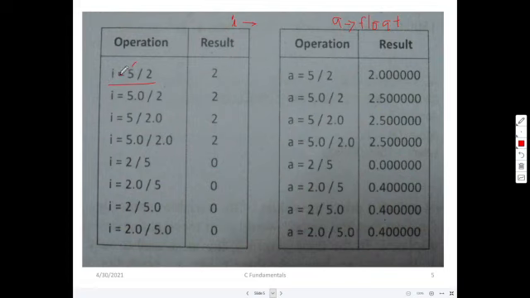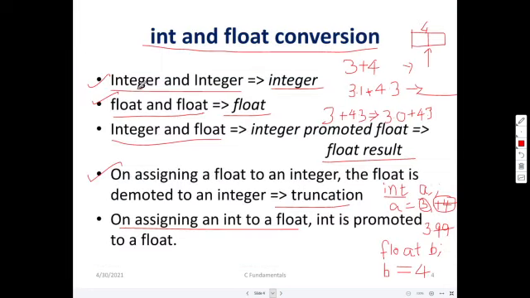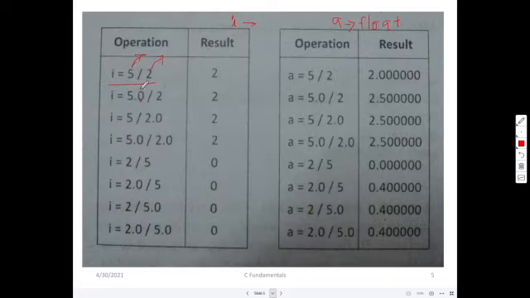Okay. So i is assigned with this operation 5 by 2. Now we know that 5 is an integer constant and 2 is another integer constant. So what we told is, integer and integer, when you do anything, we will get only an integer as a result.